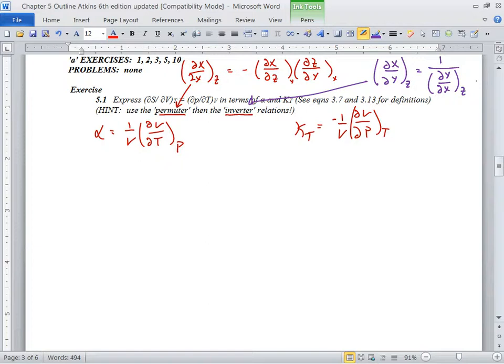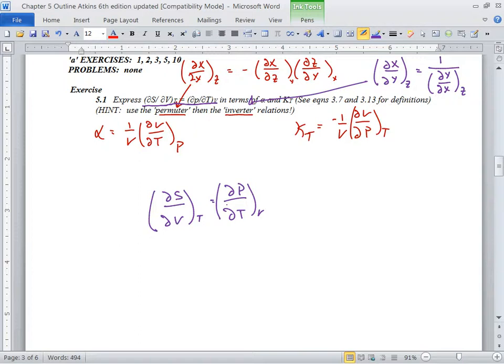So I don't know how you do this without these hints. Okay. So we're supposed to start with this expression right here. What did I start with?